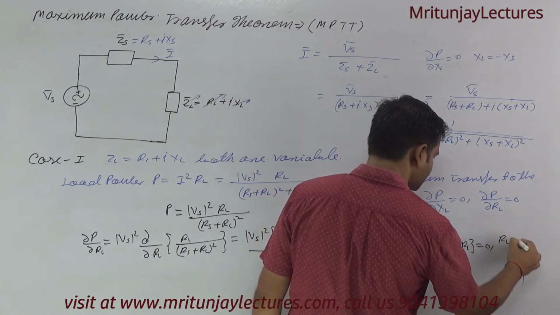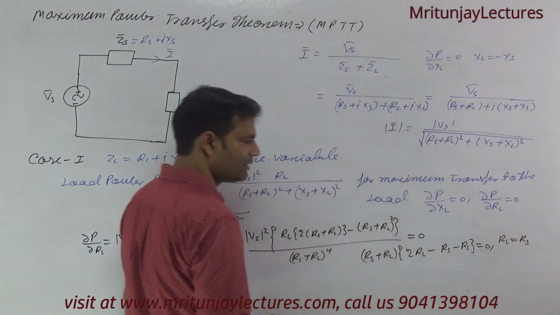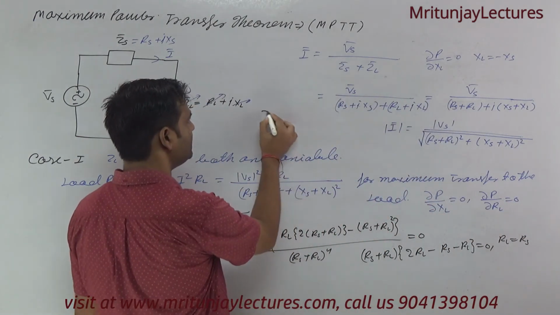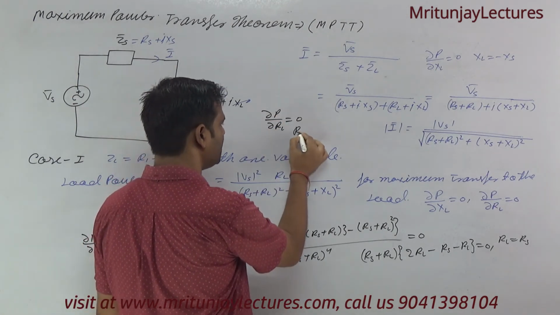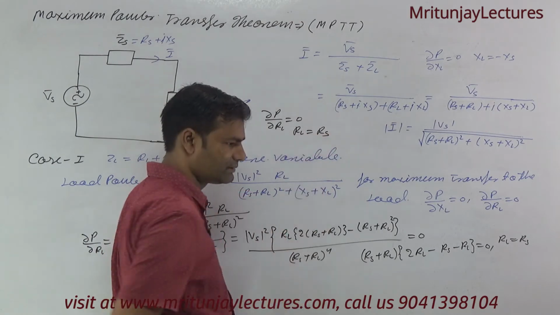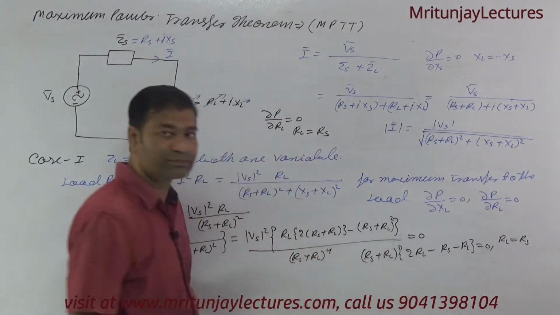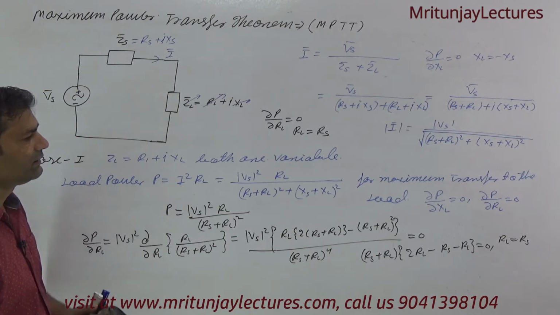So finally RL equal to Rs. Finally we got dP divided by dRL equal to 0, then we got RL equal to Rs. Corresponding to that reason, we got this. Clear?